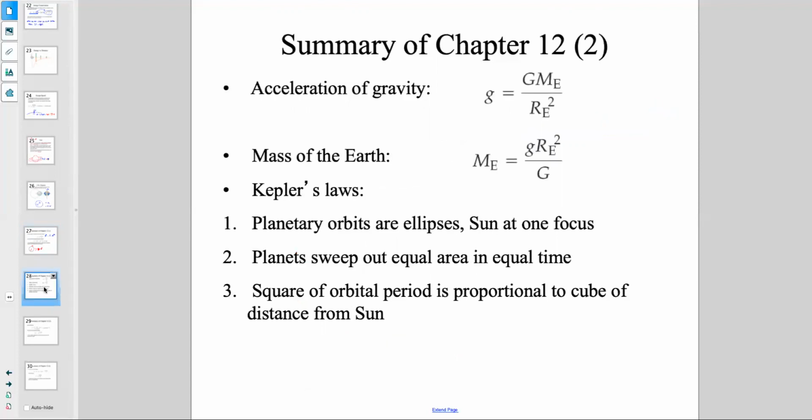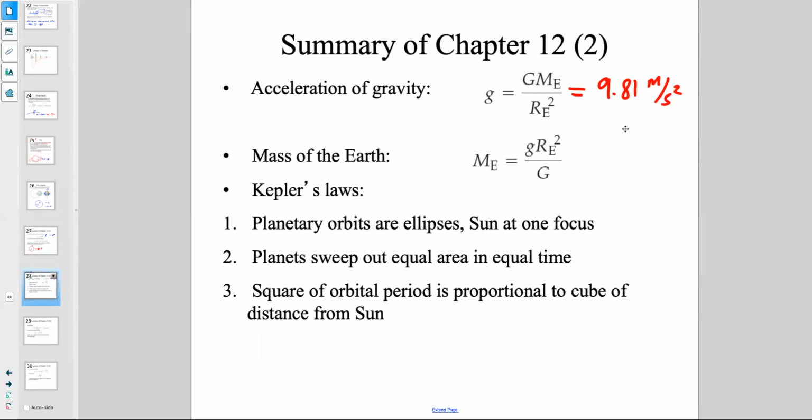So acceleration of gravity, or g, is G m_E over R_E squared, close to the surface of the Earth. And if you're going really far away, this is accurate enough. Close to the surface of the Earth, it's 9.81 meters per second squared.